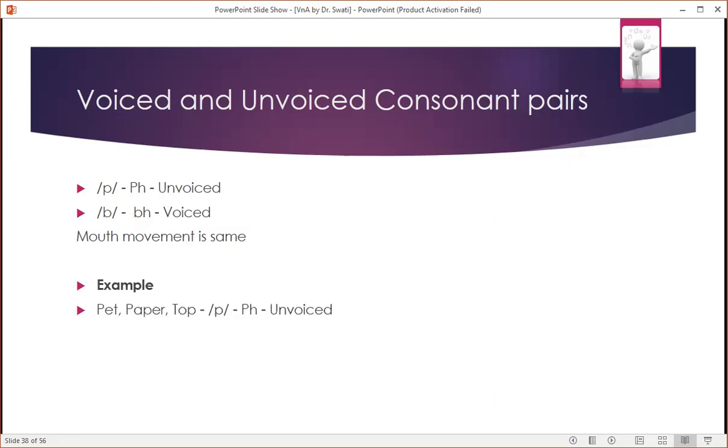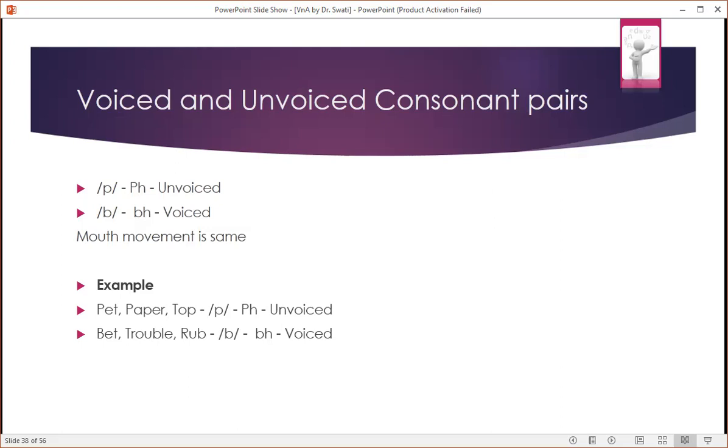So if I take these examples, I'll say pet, paper, top. If you pronounce it, you will see that your mouth movement is the same. So it's pet, paper, top, right? And I'll take another example where I'm using this symbol. It is bat. If you say bat, it is coming from your voice box. A vibration is there.